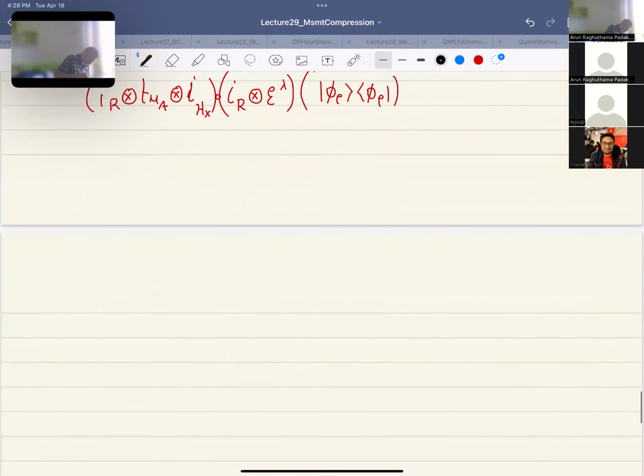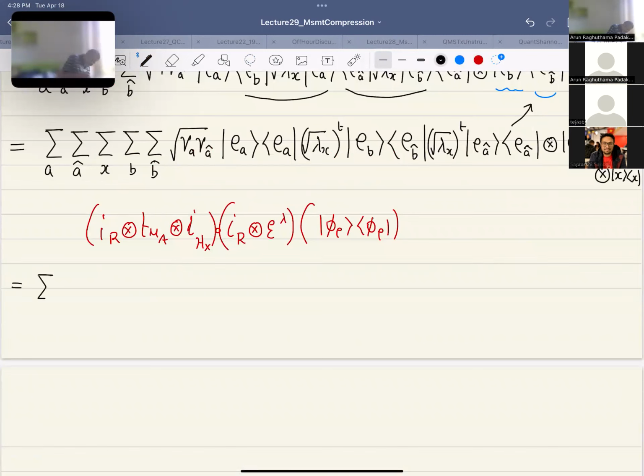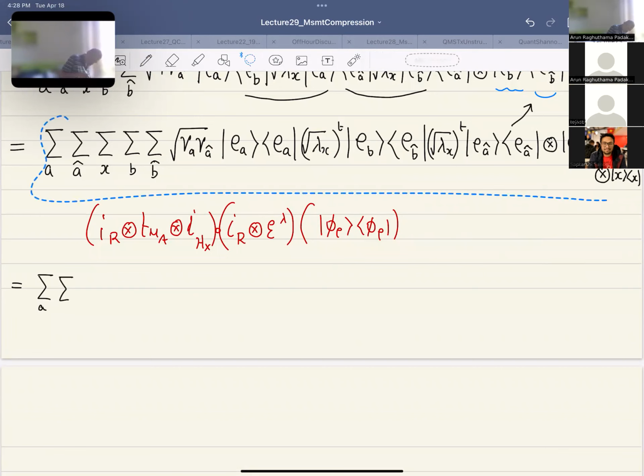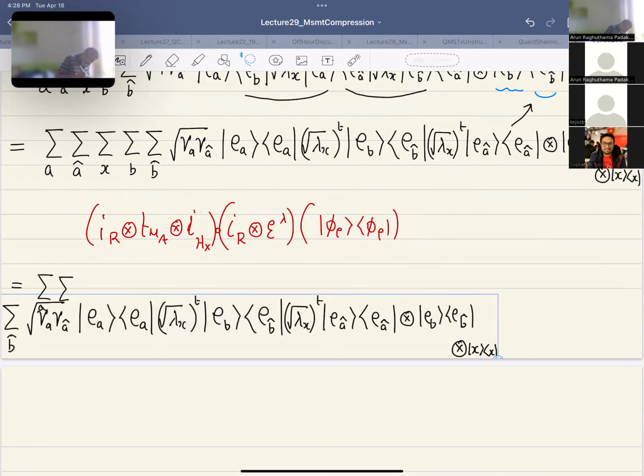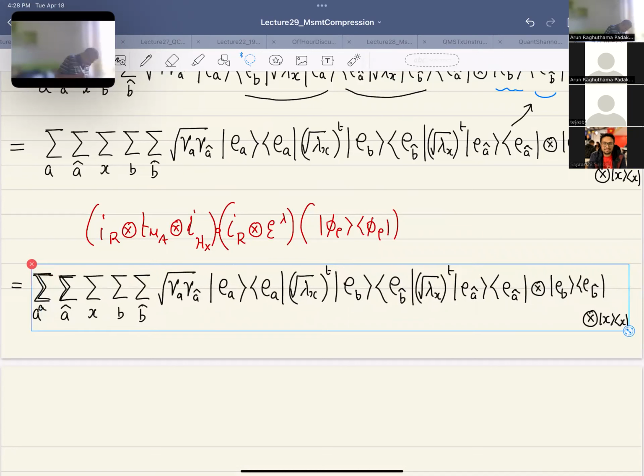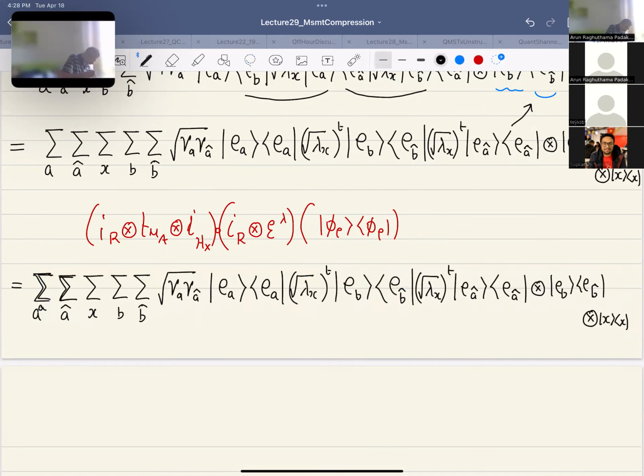So what do you get? So let me copy and then just do a bra, I will change it to a bracket. So you have this, okay, and I'm tracing out. So I'm going to get, no, sorry. I'm going to do this.